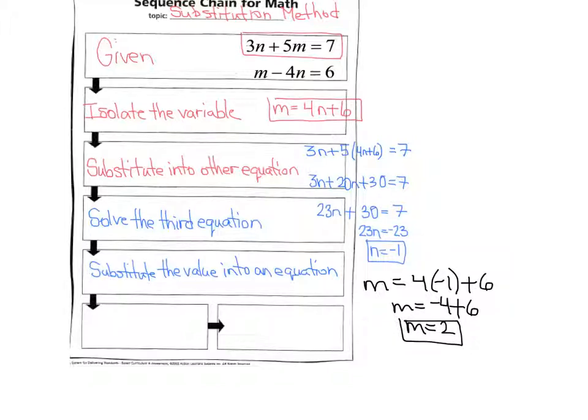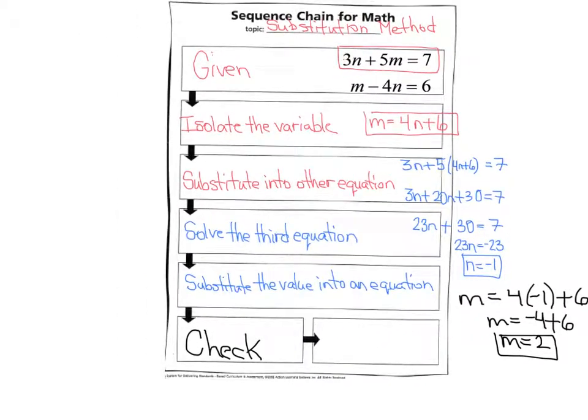But before I'm done, I must check, because these values should make both equations true. So over here I'm going to do my check, and so, okay, woo, I had a little mental breakdown. So now I'm going to replace n with negative 1 and replace m with 2, and we're going to see if this works.